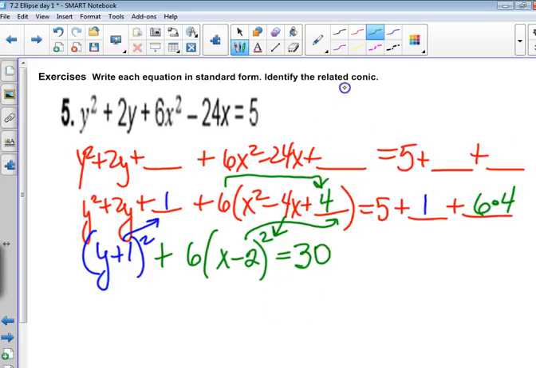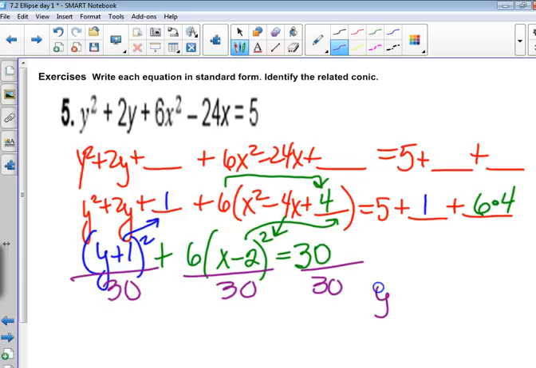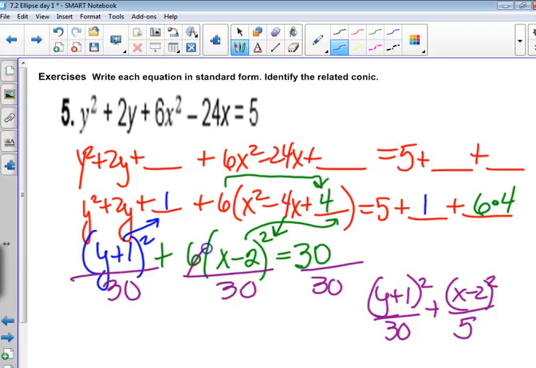We don't have to graph this one, thankfully, because if I divide everything by 30, I get y plus 1 squared over 30 plus x minus 2 squared over what? That reduces to 5 because the 6 goes into the 30 equals 1.